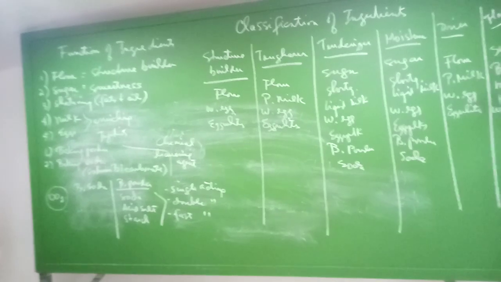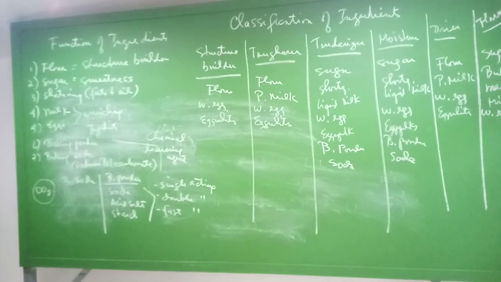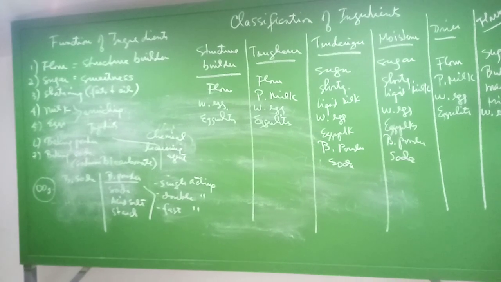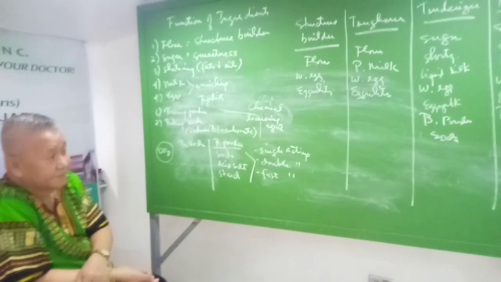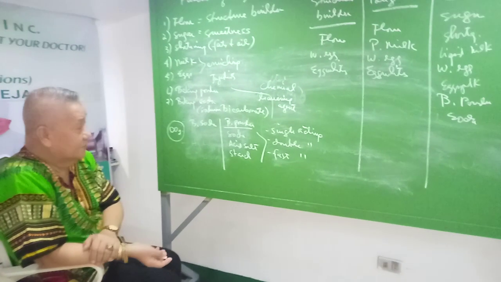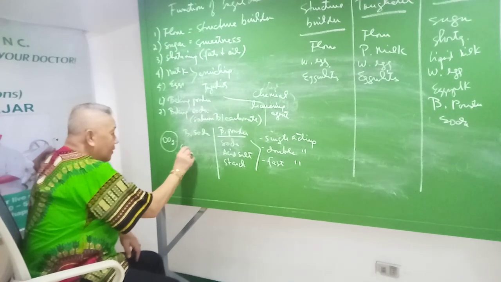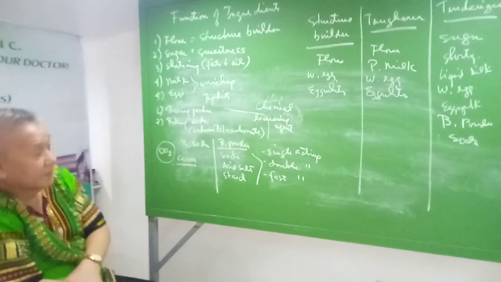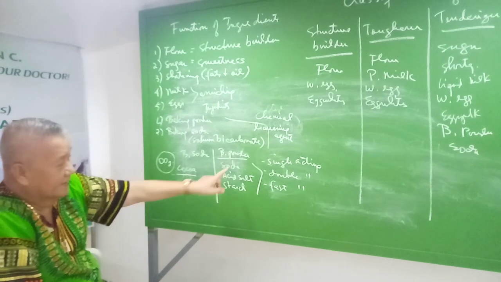Okay? Now, once you'll be making cakes that contain flavor, that contain acid, for example, you'll be making chocolate cake, and the flavor that you've added in that kind of cakes ay yung tinatawag nating cocoa, or chocolate. You don't need to add the baking powder in the recipe.